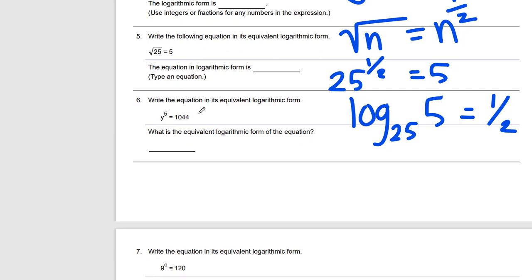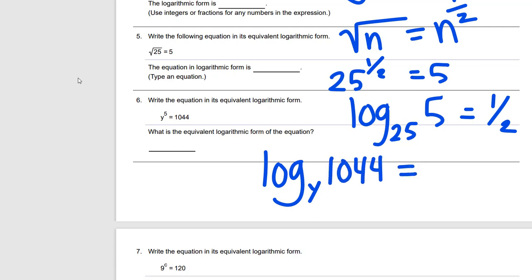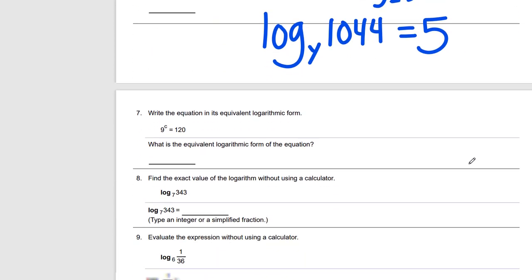This one, y to the 5th is 1,044, would be log. Our base is y. Our result is 1,044. It has to be equal to the exponent, which is 5. So remember, in the log expression, it's always equal to the exponent.